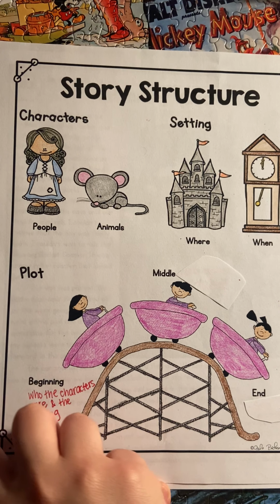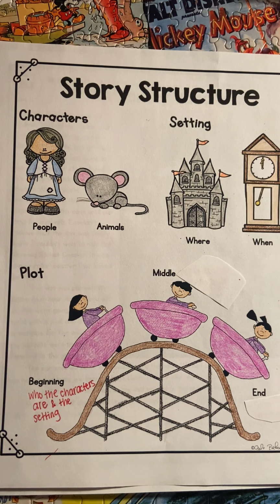So in the beginning, okay, voila, magic. We learn about who the characters are in the story, the main ones, right? In a story, there could be like 10 different characters. Like in Curious George, there's the nurse, there's the doctor, there's the painter, there's George, there's the man in the yellow hat, and so on and so forth.